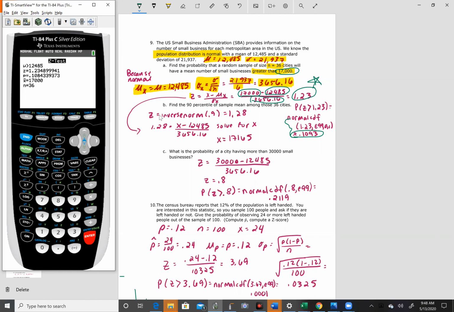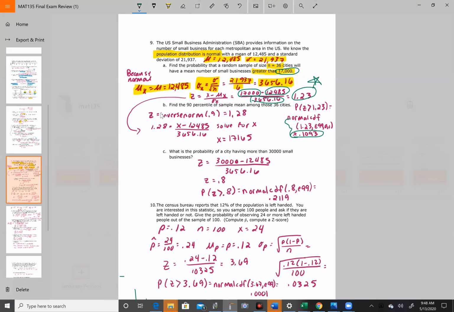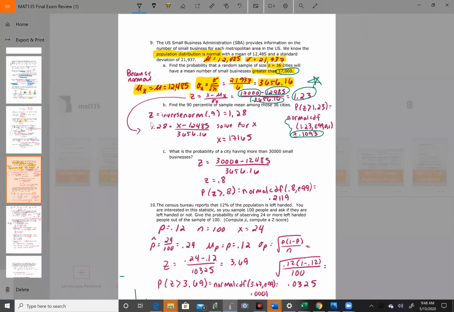Part B, find the 90th percentile of sample mean among those 36 cities. And here you just do the inverse norm of your area being 90, and you get 1.28.